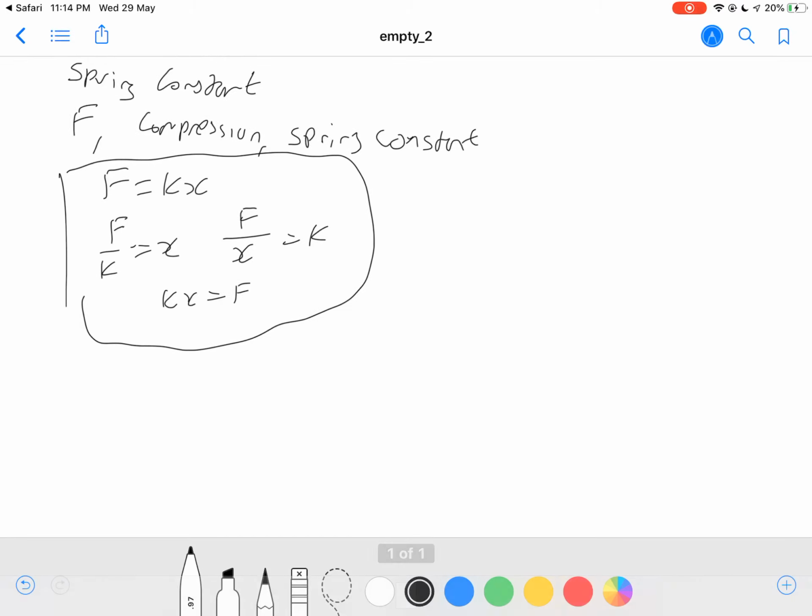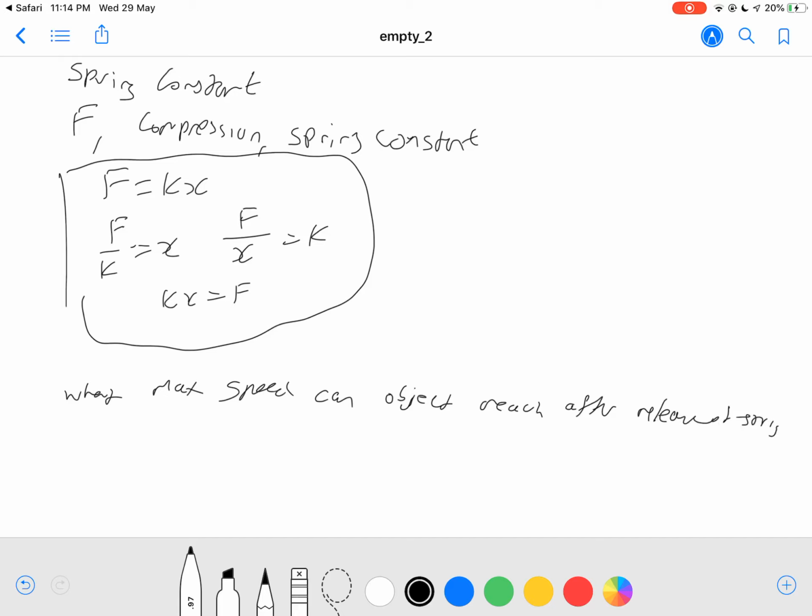Another question, which is a really common one. They're going to ask you, for example, what max speed can an object reach after release of a spring?